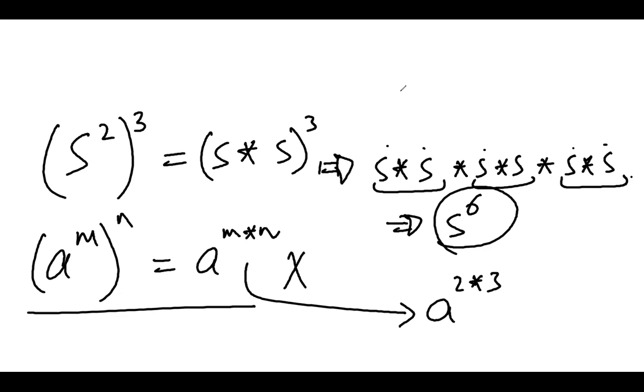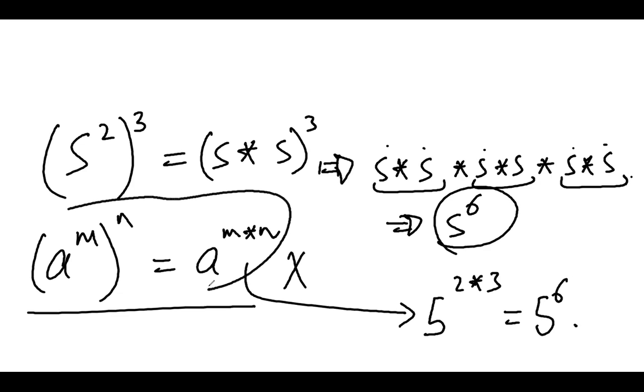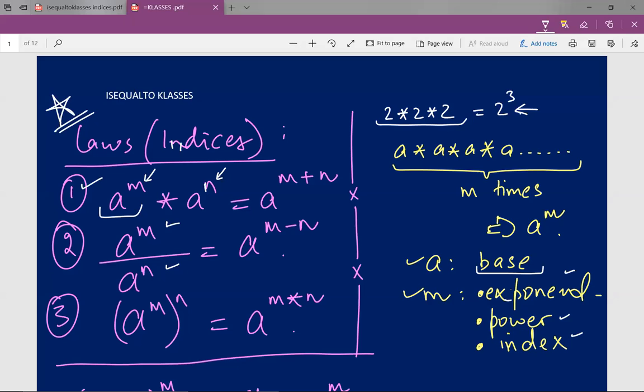In our case, a is 5. I hope you are getting what I'm trying to tell you. This is equal to 5 raised to power 6. So we have proven that this and this are the same. So the third law is also proven with the help of an example.